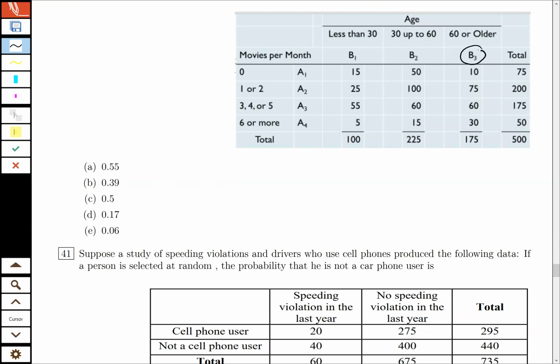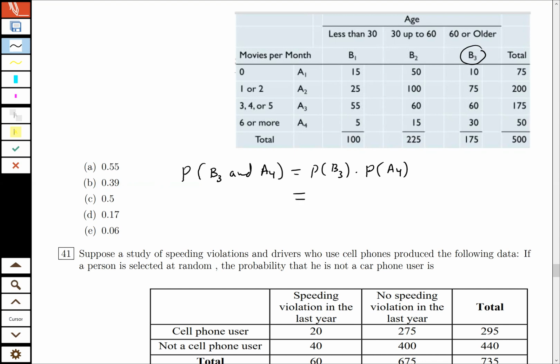That is B3. So he wants probability of B3 and A4, which is watching 6 films, and he is 60. So that will be probability of B3 times probability of A4.